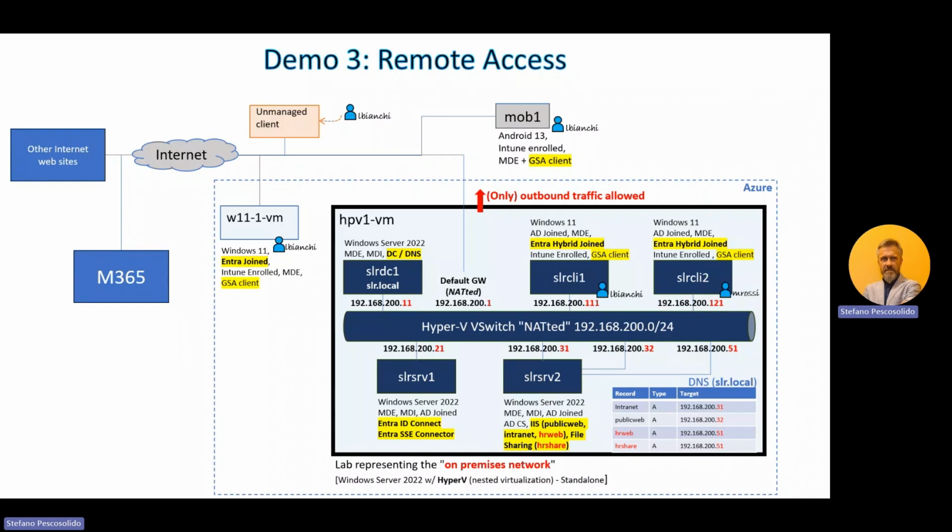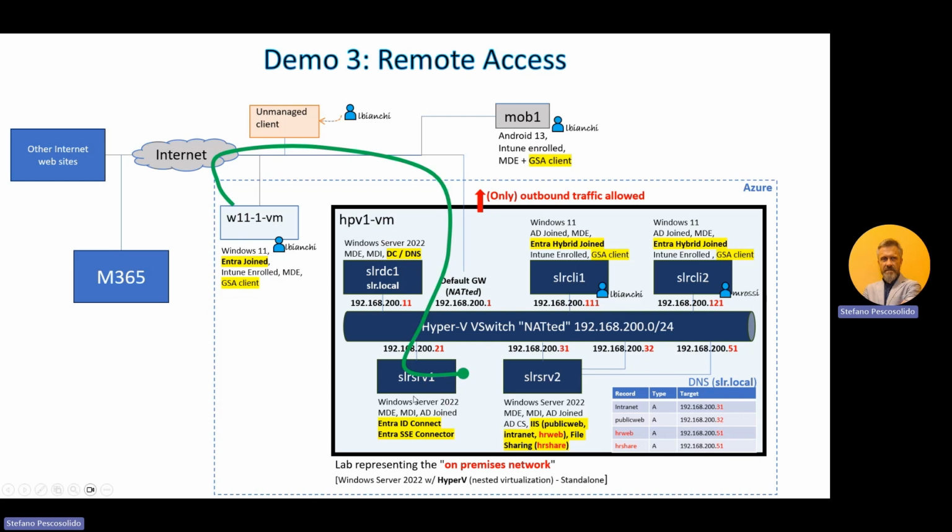Now let's move to the final demo related to remote access with Entra Private Access, Entra SSE private access. What I'm going to show you right now is the connection from one of my managed clients, specifically the client which is Entra joined, and I'm going to show how I can connect from that one to different resources within my internal, simulated on-premises network.